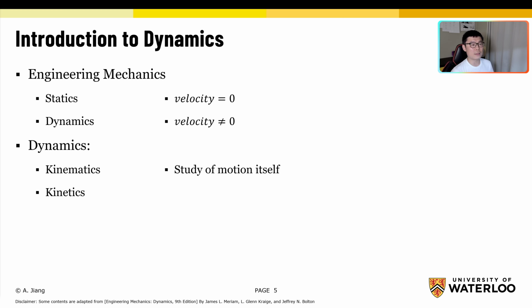One focuses on the motion itself. Just look at how it moves, and we do not really care about why it moves, and that's kinematics. On the other hand, kinetics focuses on why it moves and what is causing the movement. Is it gravity, is it friction, or any other forces?